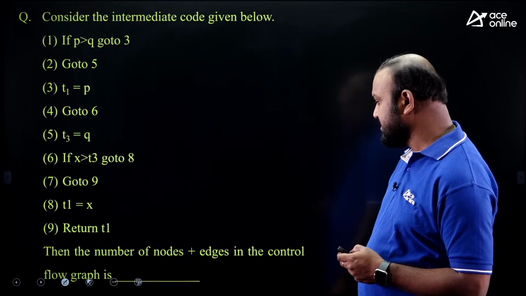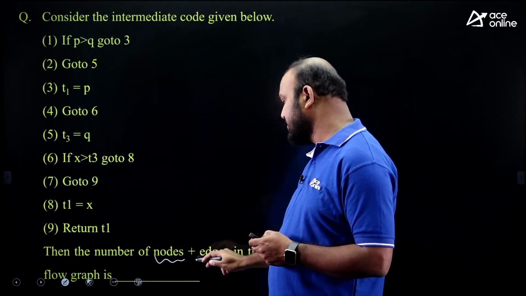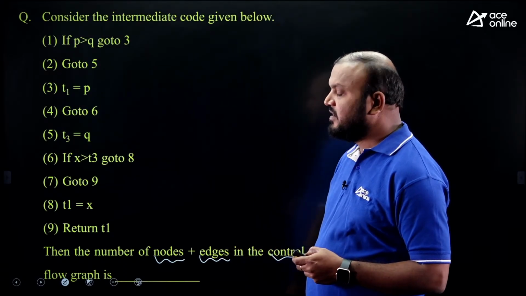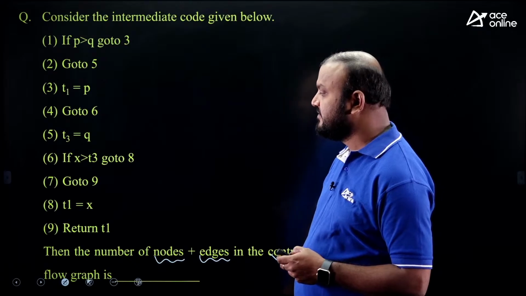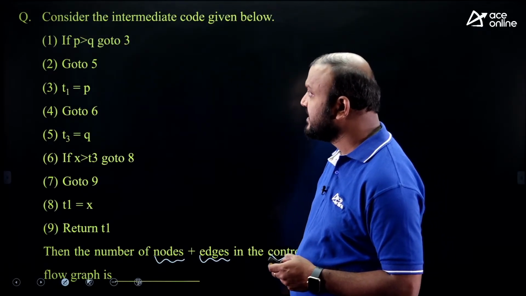And here is a question on the control flow graph. The question is the number of nodes plus edges in the control flow graph. How to construct a control flow graph? You first identify the leaders and identify the basic blocks.